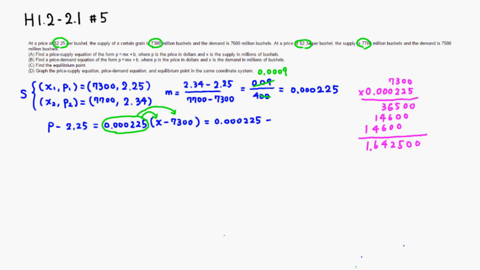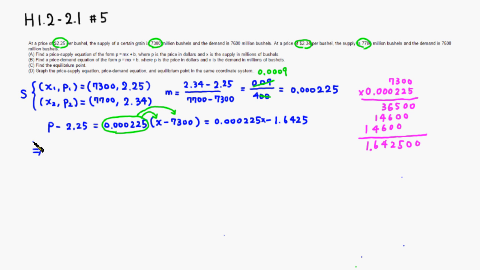So we get x, oh, I forgot x there, and then you have 1.6425. Alright, we have that. Then we want to isolate p.